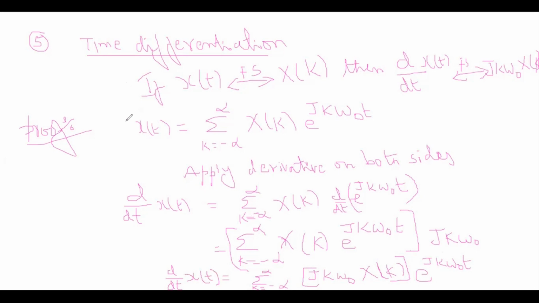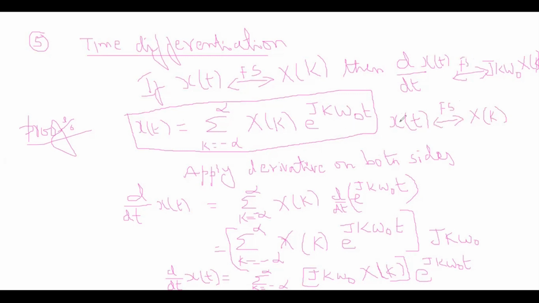See, what is this equation saying? That x of t is equal to the sum of k equal to minus infinity to infinity x of k e power j k omega naught t, a Fourier series relation for x of k. Follow, my dear students.